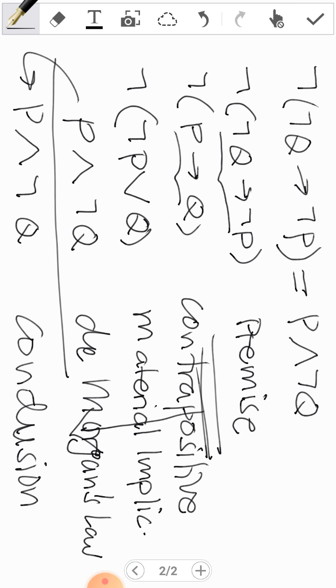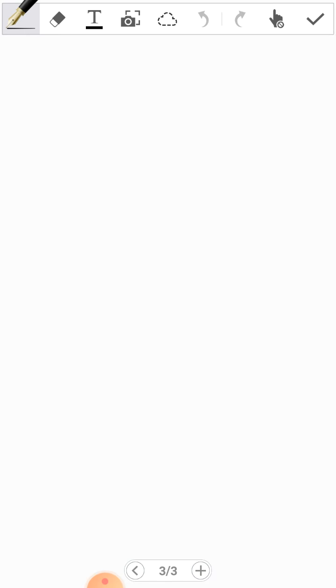So the first one, we just use the premise. By contrapositive, this became P implies Q. Then by material implication, this now becomes not P or Q. And then by the De Morgan's law, we now have not not P, which is a double negation, which will give us P. And then and, we negate Q, that's not Q, which is the other side of the expression.